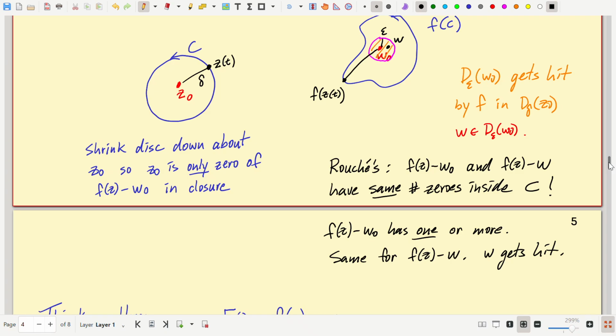And f of z minus w naught has at least one zero, and they have the same number of zeros, so that means the other one has at least one zero. And that means w gets hit. Yeah, it's kind of a mouthful, but if you sit around and look at that picture long enough, you'll believe me. And once you realize what you need there, then it's a matter of doing Rouché's and picking what the capital F and the capital H should be. And that's not too hard.